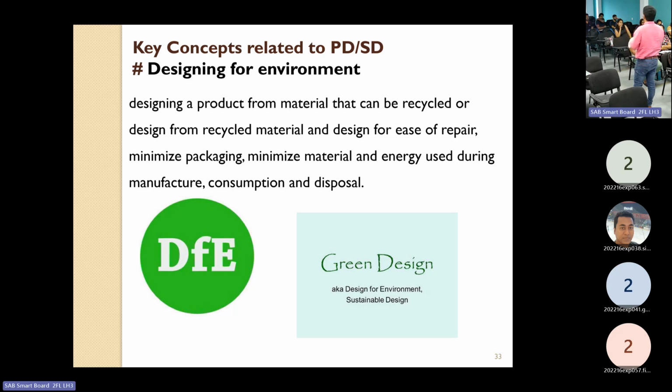From AC machines to bulbs to refrigerators to vehicles, products are designed in a way that is efficient. For electronic products and all, there are star categories, right, that indicate the energy consumption. So likewise, more focus is on reducing the environmental impact of them.